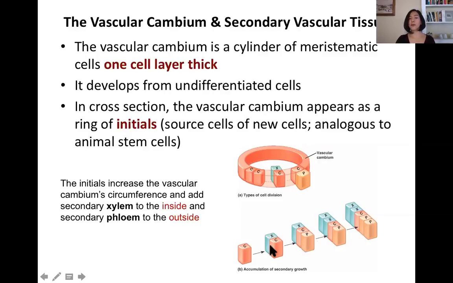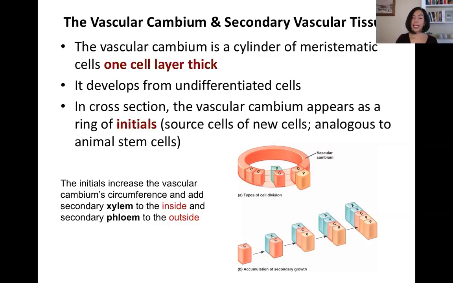But you might be wondering, if they divide, then how do they retain the cells that form the vascular cambium? Well, they alternate. So this is an initial of the vascular cambium, and then this cell divides into two cells, right? Mitotic division always forms two cells.